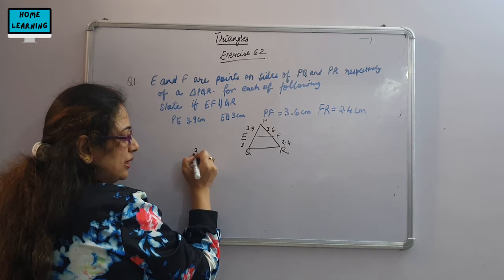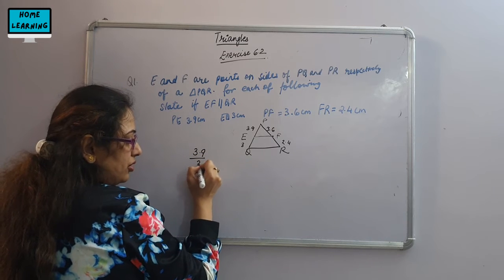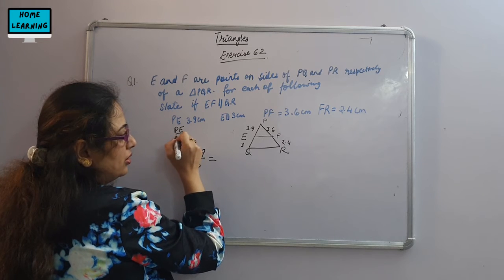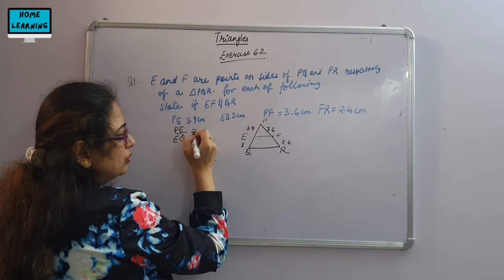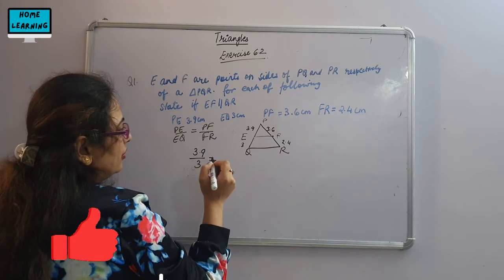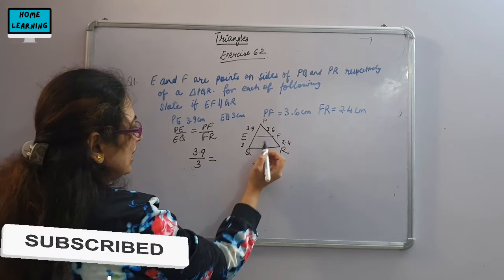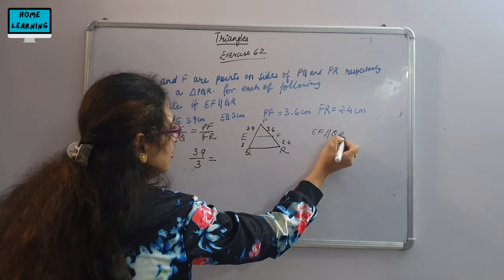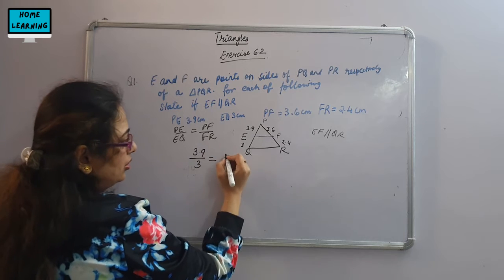So this means 3.9 upon 3 is equal to 3.6 upon 2.4, which means PE upon EQ is equal to PF upon FR. We have assumed that EF is parallel to QR, then this will be true.